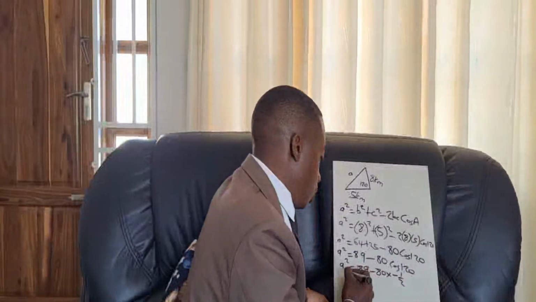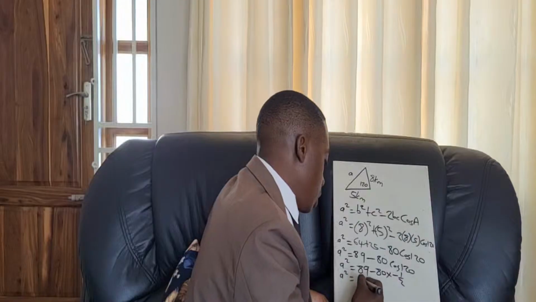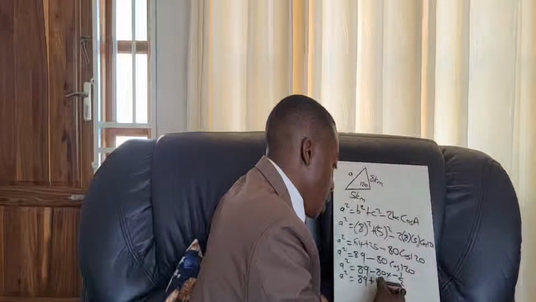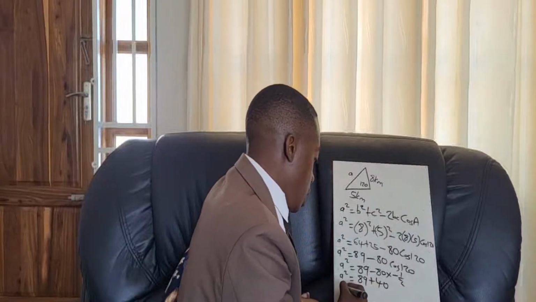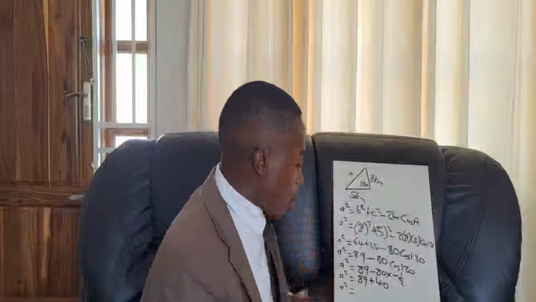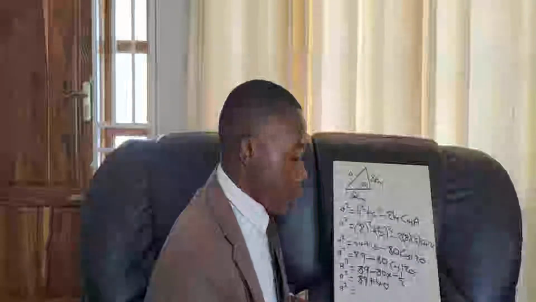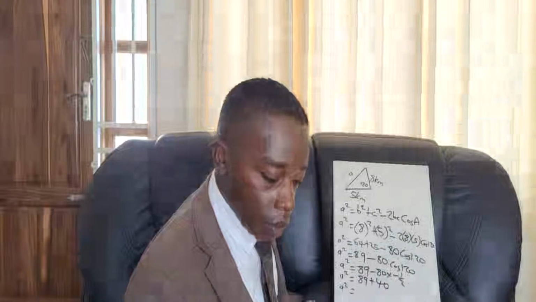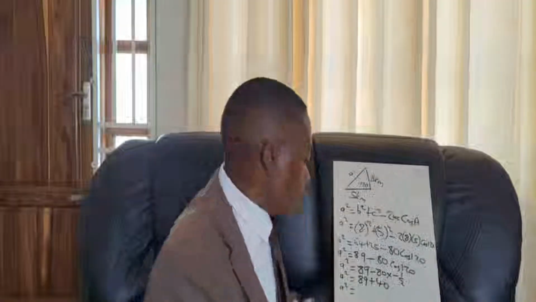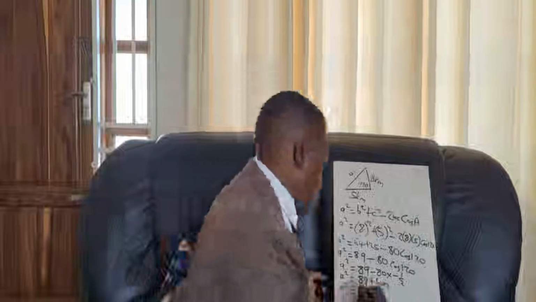The negatives together make a positive, so a squared equals 89 plus 40, which is 129.